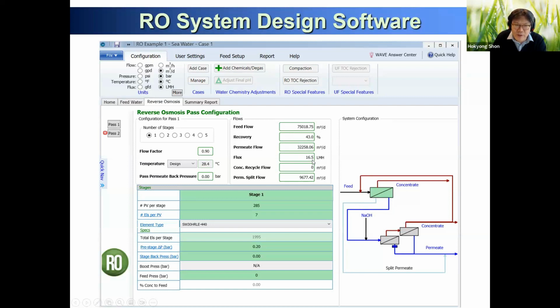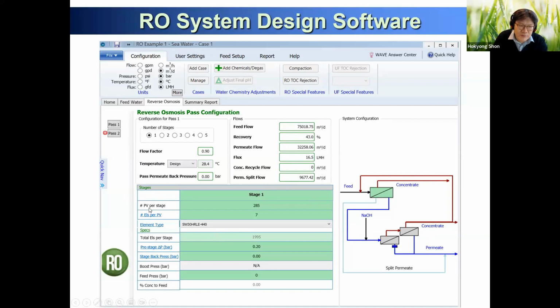This gives an average flux of 16.5 LMH, and the permeate flow is 9,677 cubic meter per day. If you click the second pass, the feed flow is 332,000 cubic meter per day, and then it goes to the next stage and you recirculate. That is how you design it.